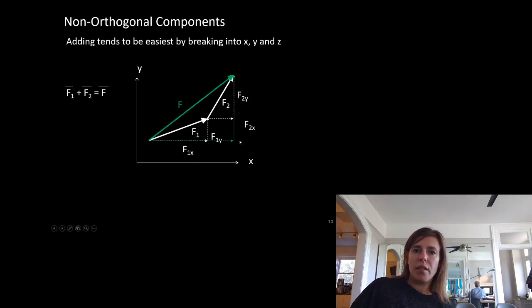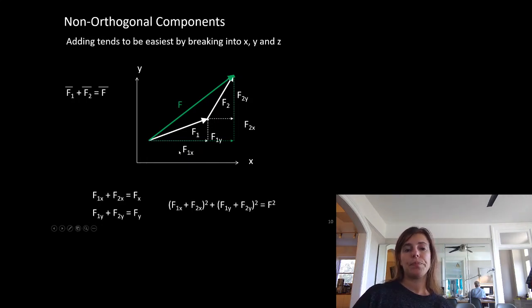So you can see here, that's the sum of f1x and f2x, and that's the sum of f1y and f2y, and that is the same as one big triangle to get us our total value for f. So here is that just worked out a little bit.